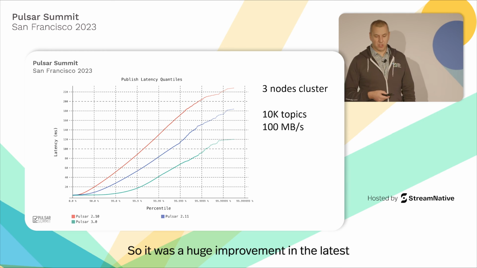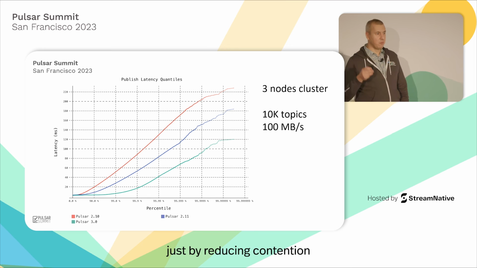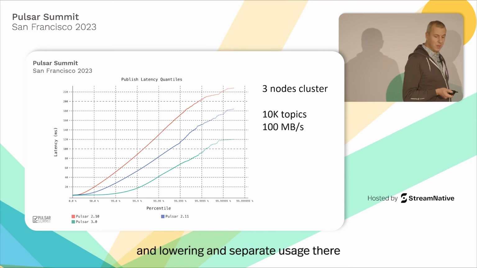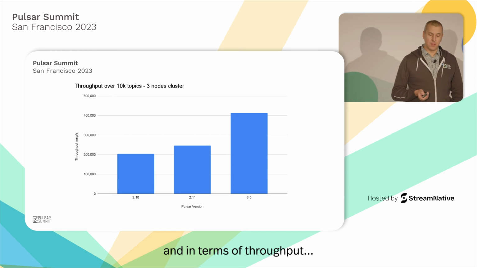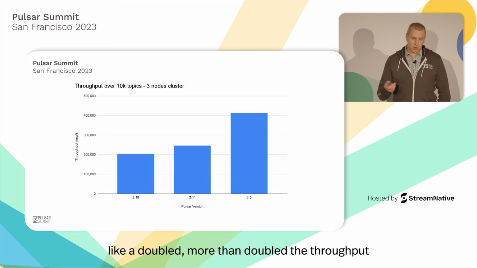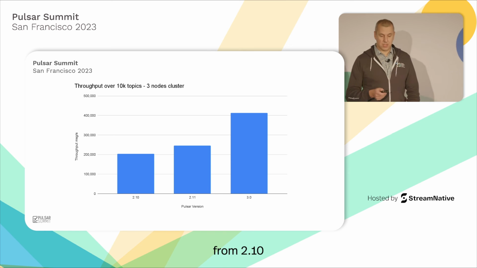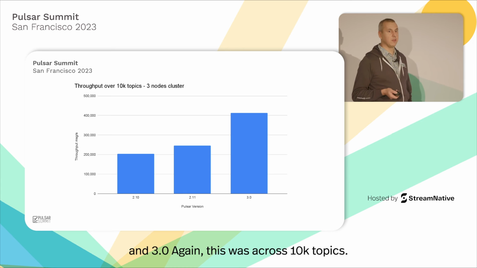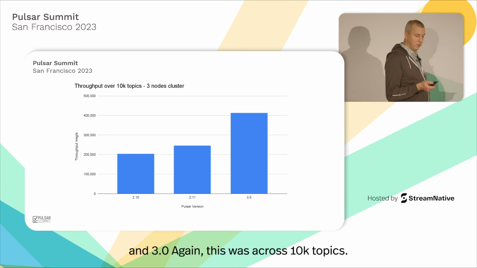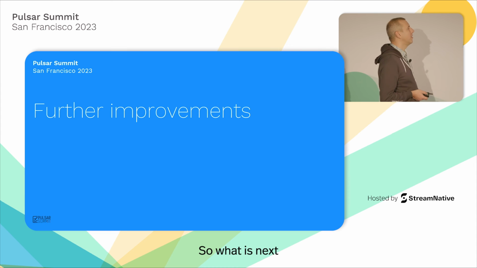So it was a huge improvement in the latency profile here, just by reducing contention and lowering CPU usage. And in terms of throughput, it more than doubled the throughput from 2.10 to 3.0. Again, this was across 10K topics.